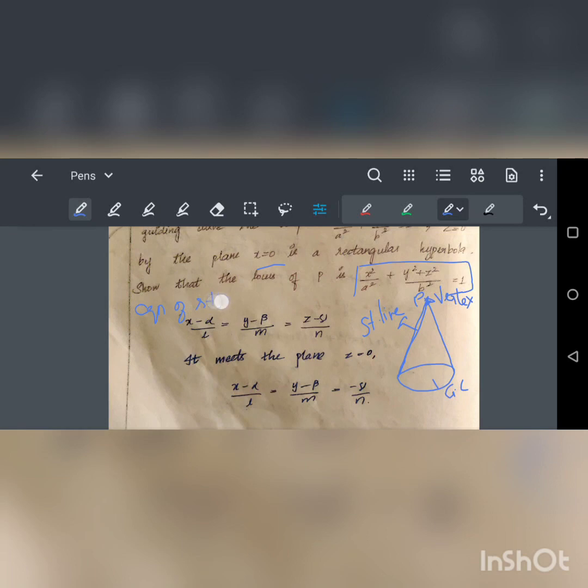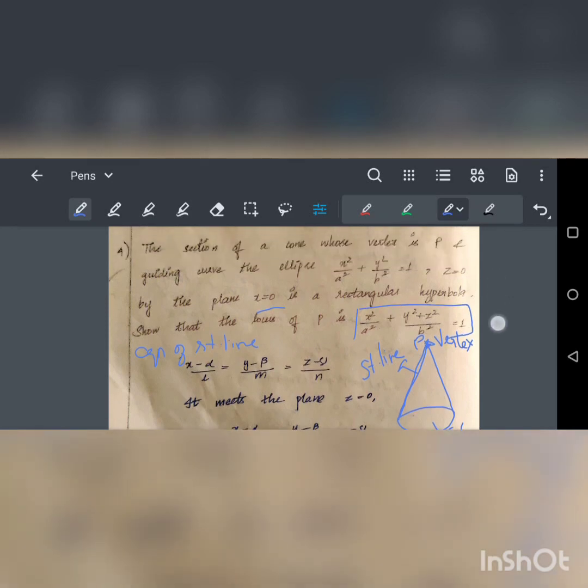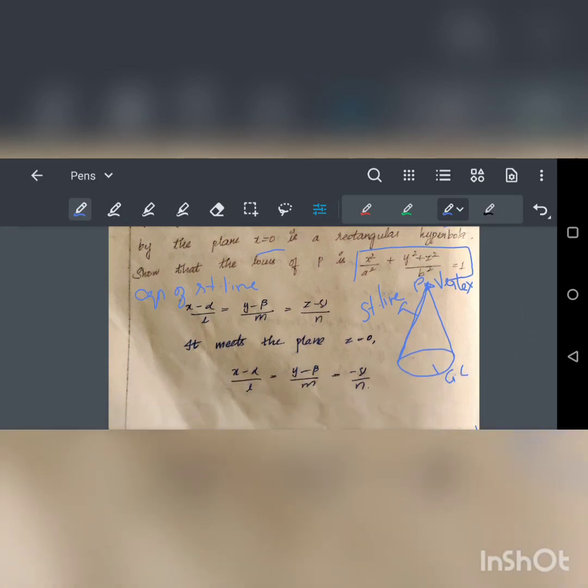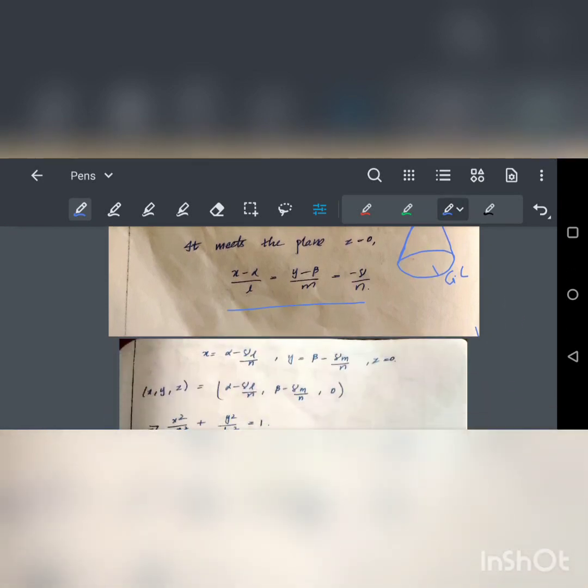The equation of the straight line is given by x minus alpha by L equals y minus beta by m equals z minus gamma by n. So let us go step by step. Further it is given that the value for z is 0. So when you take the value for z is 0 here, you will be having this one. We need to find the value for x, y and z with the help of this line.